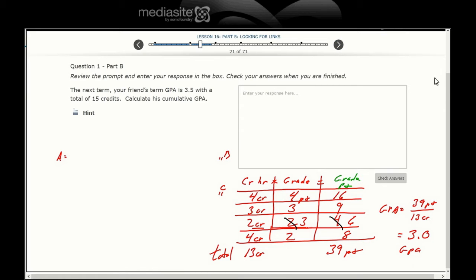Okay, next term, your friend had a 15-credit semester and you got a 3.5 on it. Now calculate the cumulative GPA. Okay, so basically we had 13 credits at a GPA of 3.0, which was good for 39 points.